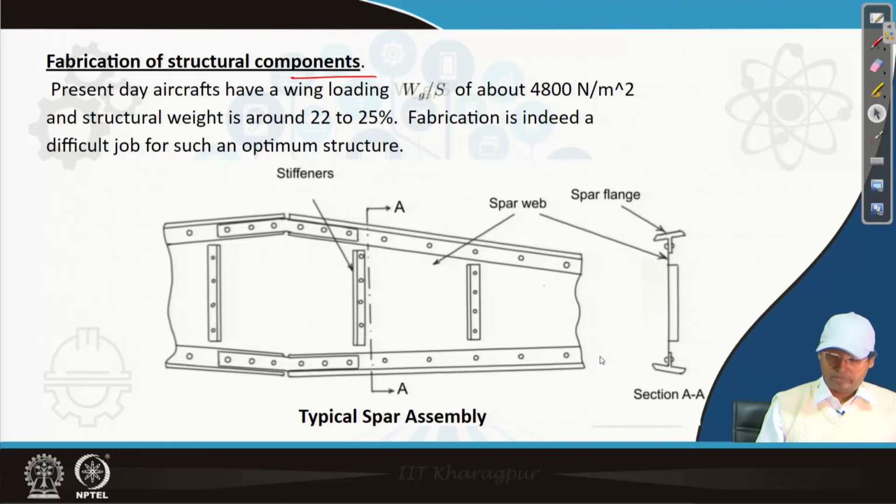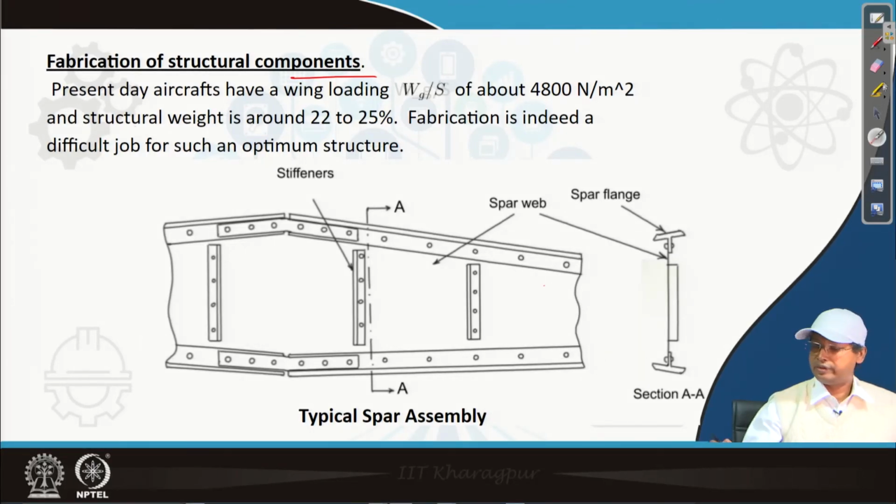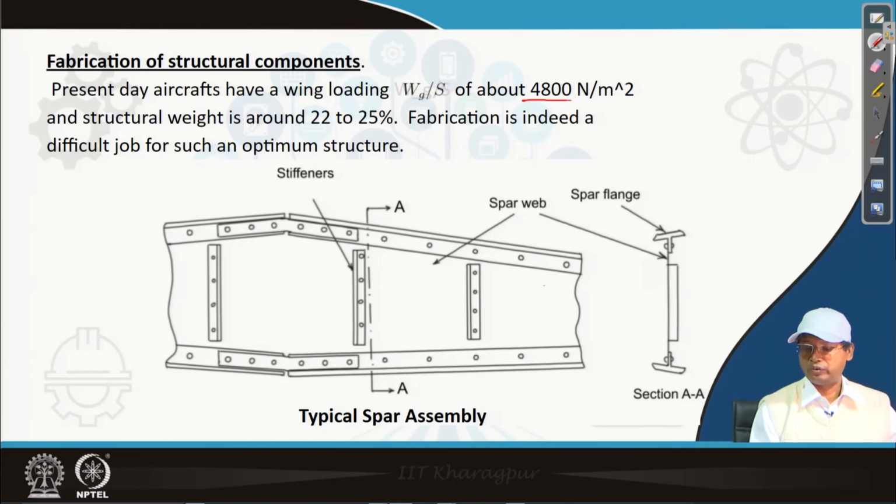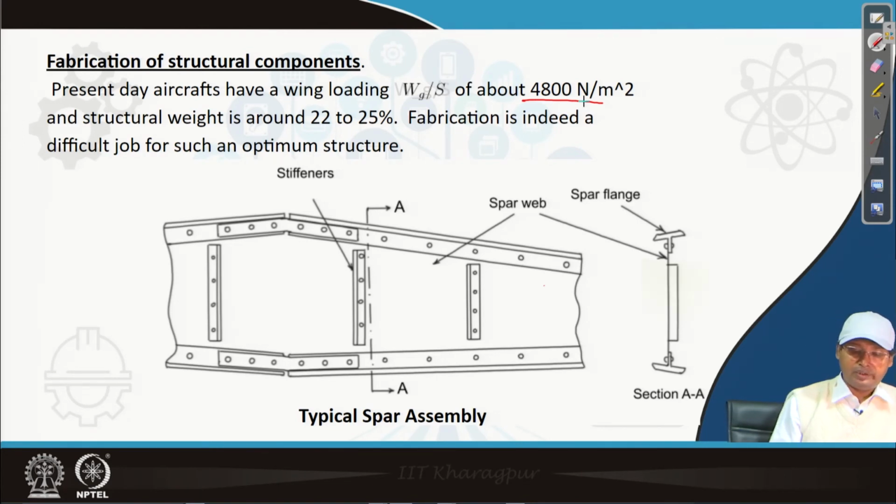Some more detail about the spar. Present day aircraft have a wing loading of about 4,800 Newton per meter square, and structural weight is around 22 to 25%. So, construction is really very important and efficient.